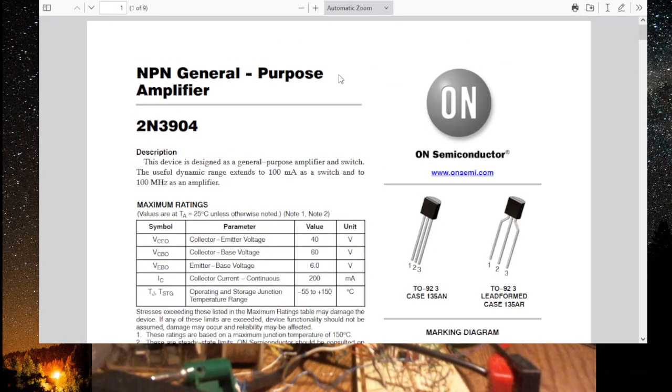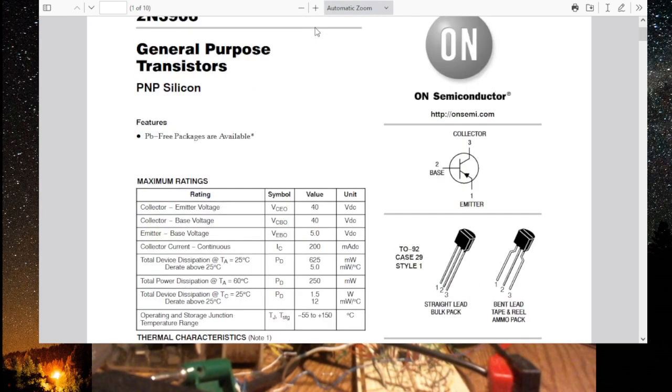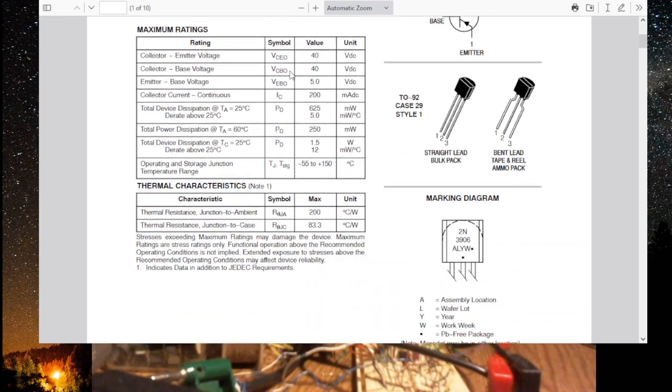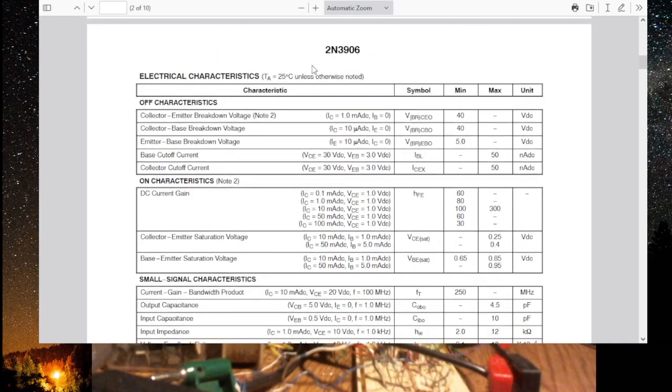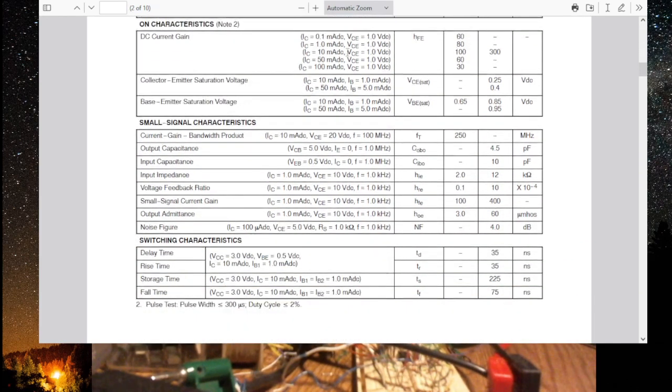It should be. 100 milliamp as a switch and 100 megahertz as an amplifier. This one, well, it doesn't really say. It's also 100 megahertz.